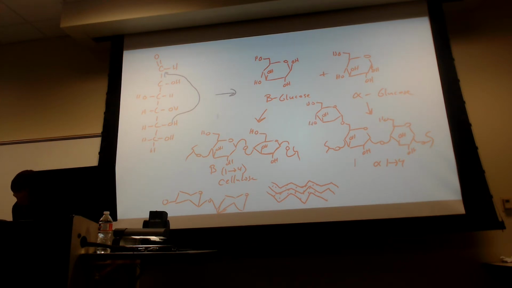This would now be an alpha 1,6 linkage, and this is what is found in starch. Glycogen has this, amylose. All of those have not only these 1,4 linkages, but also they can have these 1,6 linkages.